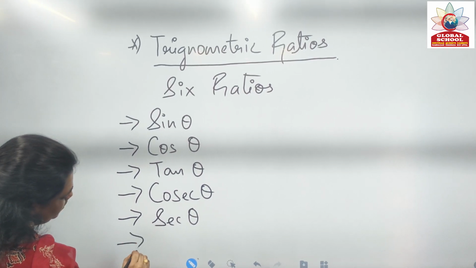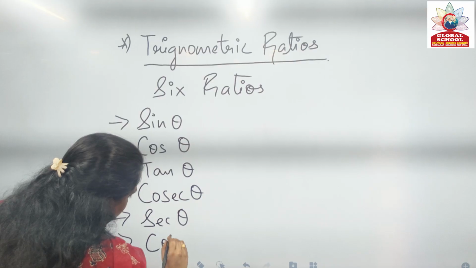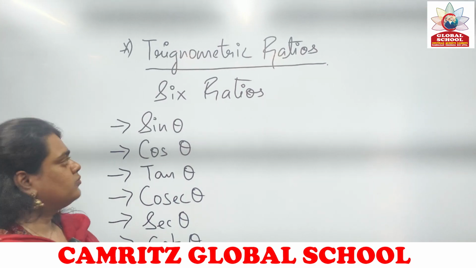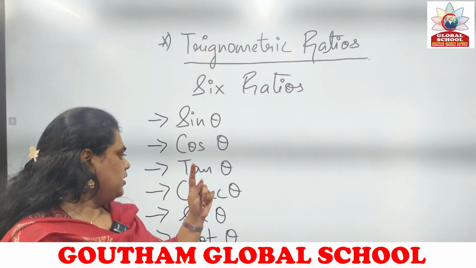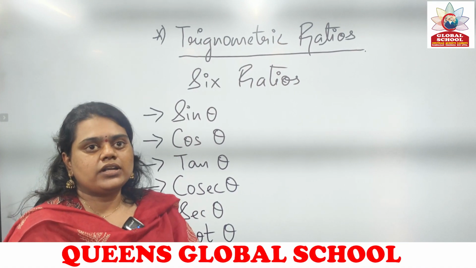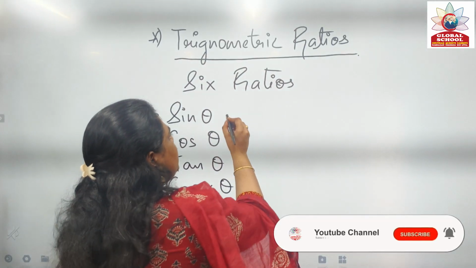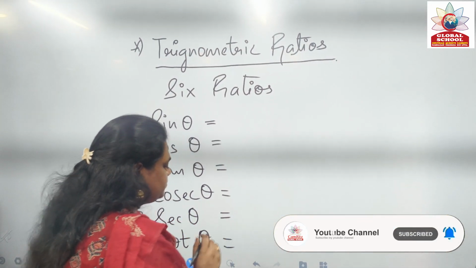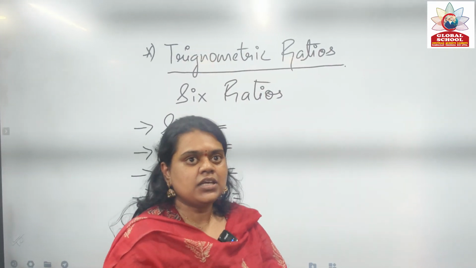And the sixth one is cot theta. Sin theta, cos theta, tan theta, cosec theta, sec theta and cot theta. So each one of these ratios has certain formulas. So let us understand them.